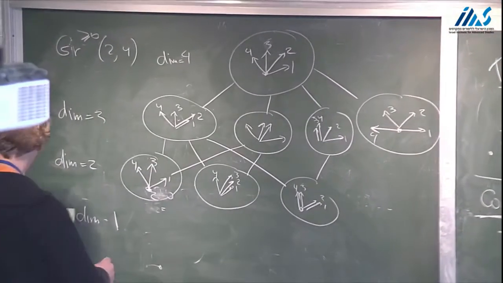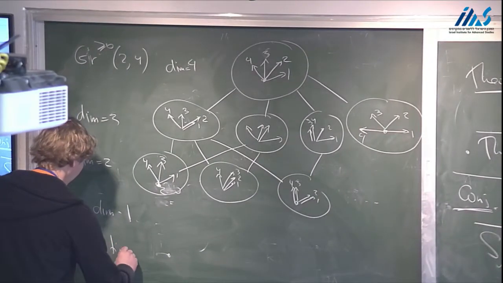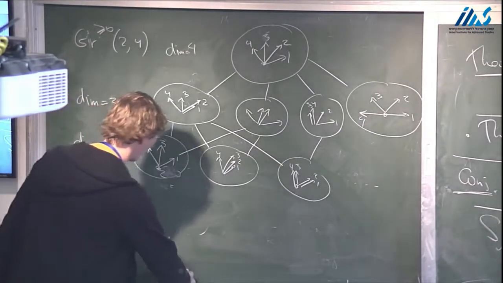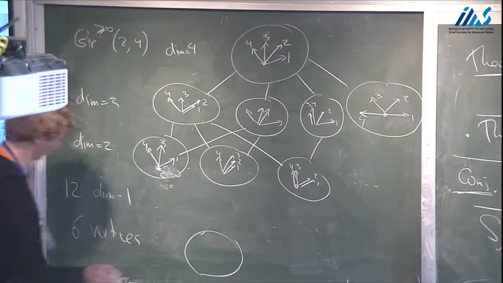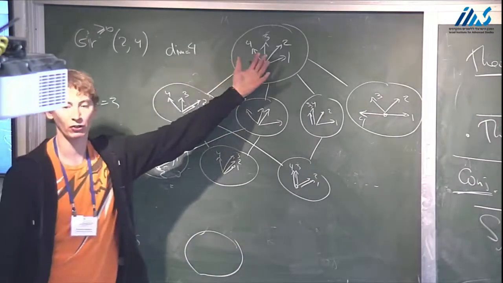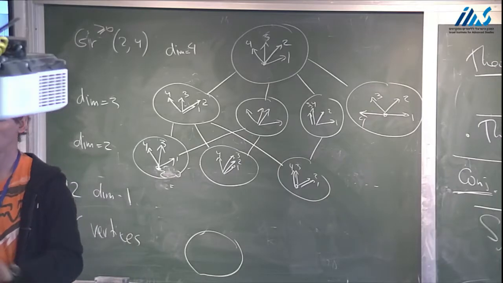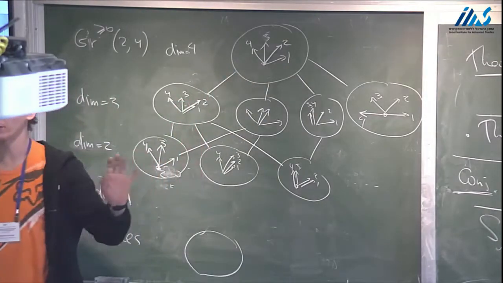And there will be 6 vertices, 6 0-dimensional cells. So what are the vertices? Let me explain how we can see the vertices. They're the most degenerate pictures. You want to degenerate these things, make as many zeros as possible, but remember that these vectors should still span R2.